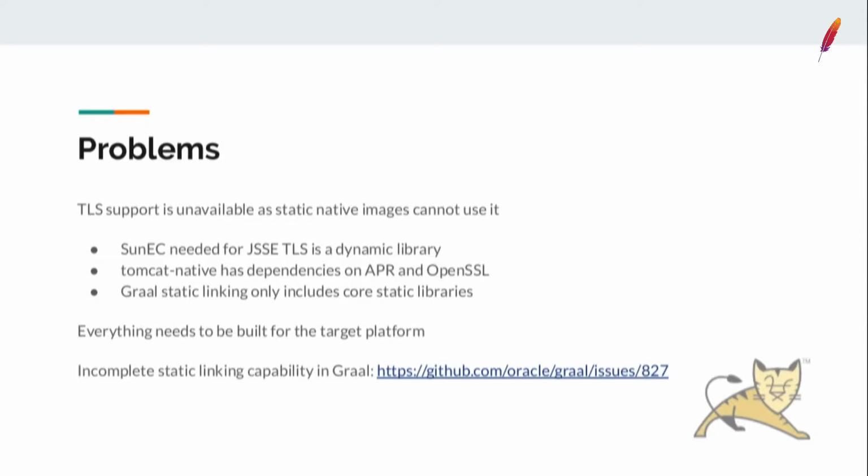There's an option for static linking for Graal to generate a native image. When that's enabled, it will compile the standard library and zlib as static libraries. But unfortunately, it will only compile that statically. It won't compile Tomcat native or SunnyC. The problem is that they're always going to be missing if you're going to use TLS.